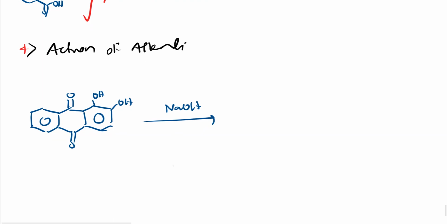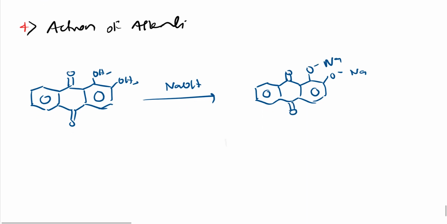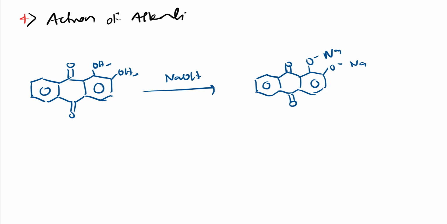I'll get sodium salt, because these protons are acidic. It will remove that. So I'll get the structure, see here, O minus Na plus, benzene ring, double bond O. This is nothing but sodium alizarate. Because of this alizarate, the solution will be purple color.